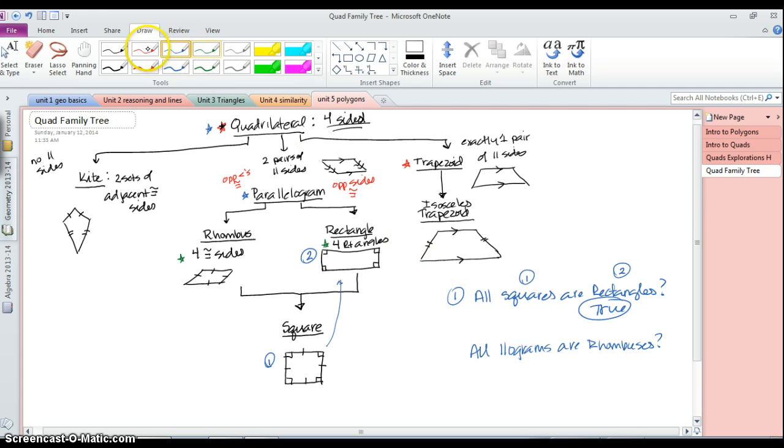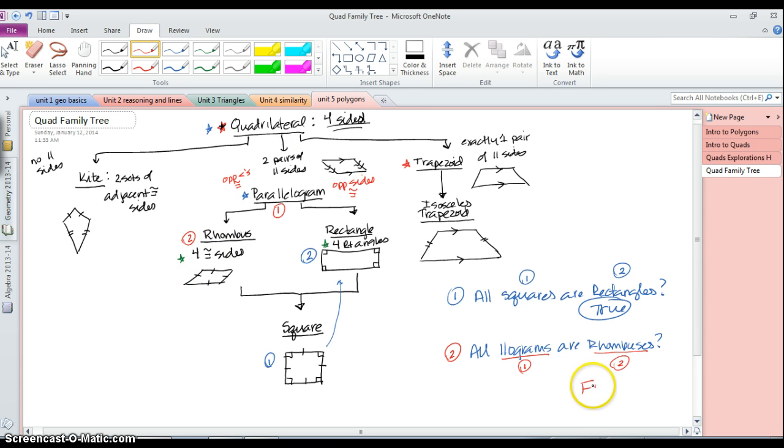Now, the second statement that you have here is all parallelograms are rhombuses. Well, the first quad in the sentence is parallelogram, and the second quad in the sentence is rhombus. So if I read that sentence and follow my family tree, from quad 1 to quad 2, I fall out of the tree. I'm going down my quad family tree.